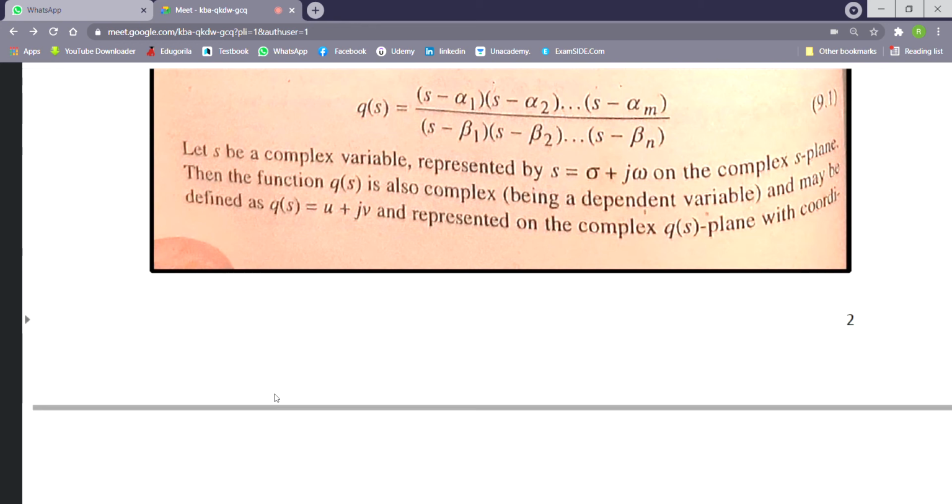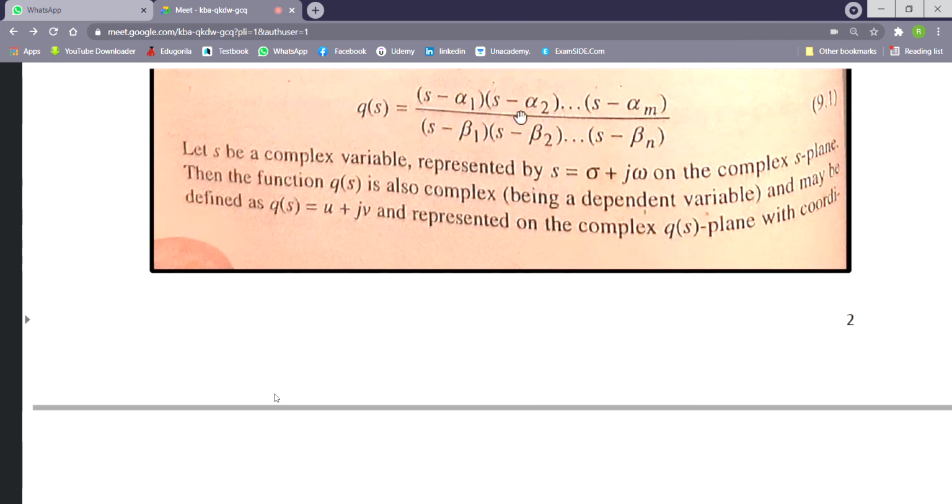So what will be the magnitude of QS? Magnitude of QS will be magnitude of S minus alpha 1 multiplied by magnitude of S minus alpha 2 dot dot dot multiplied by magnitude of S minus alpha m.